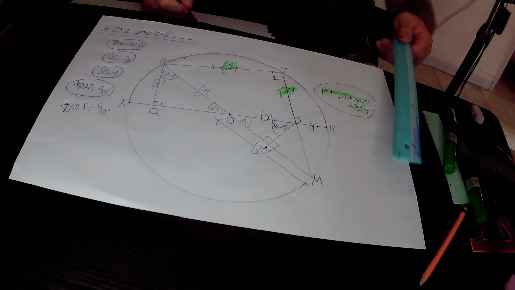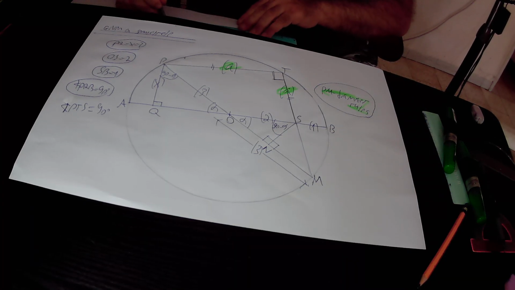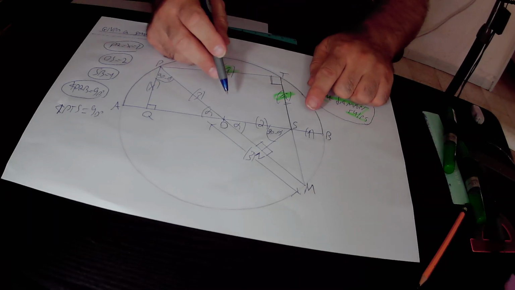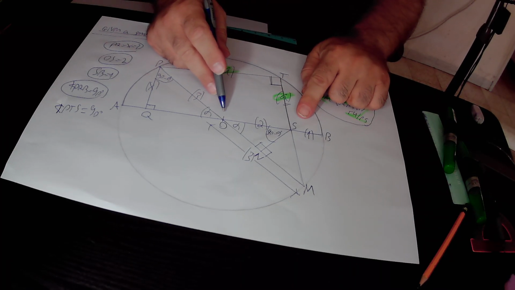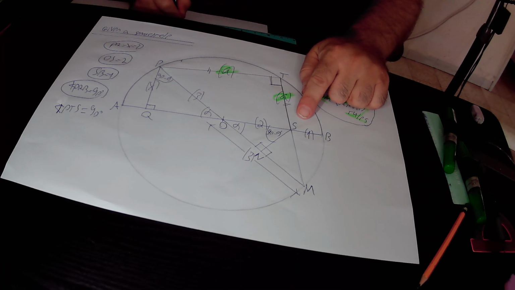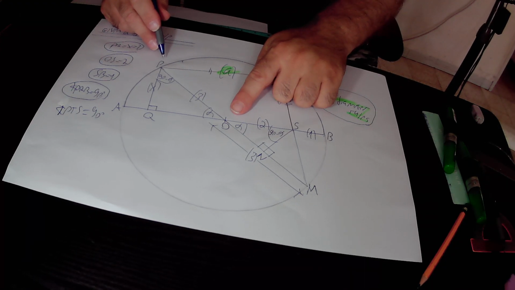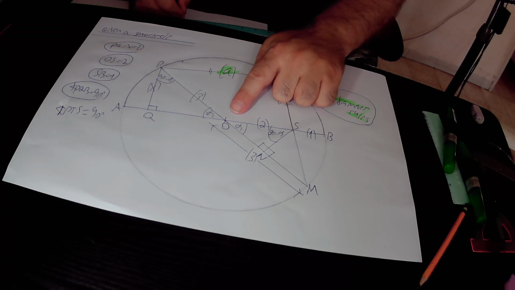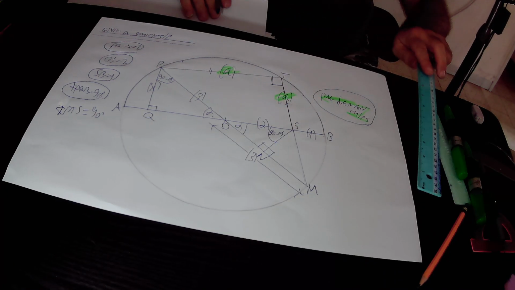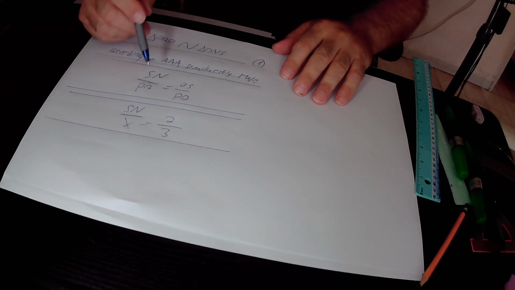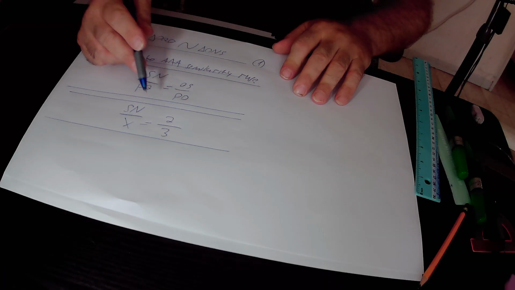And it equals OS. According to what is given in the question, OS equals 2 units in length, over PO. We already found out that PO is the radius of this circle, which equals 3 units in length. So in total we find that SN over x equals 2/3.